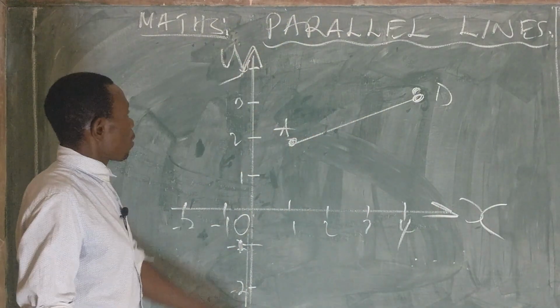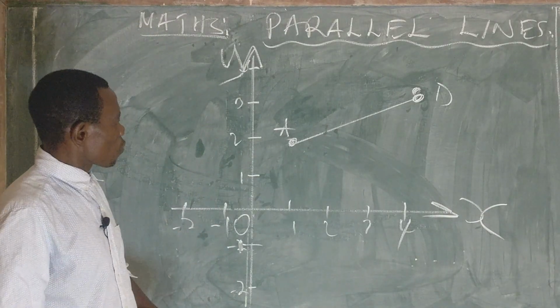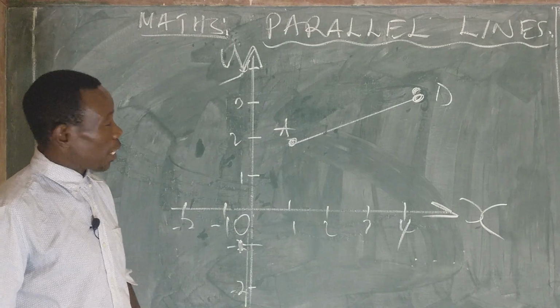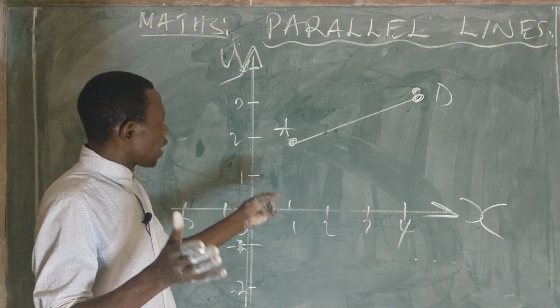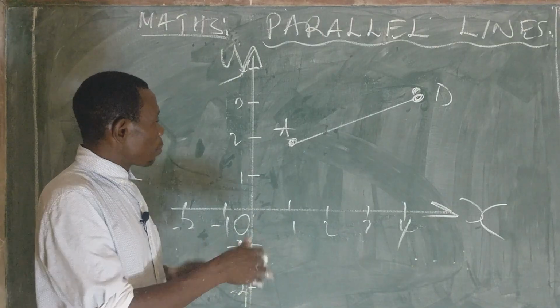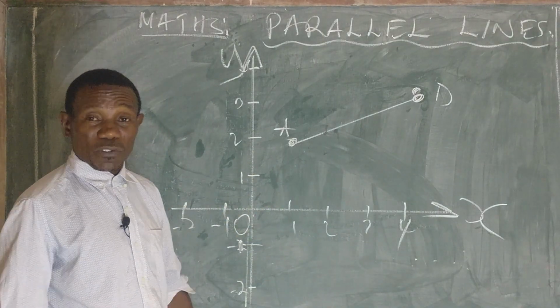So it is about parallel lines, but objectively, the target is to work on the equations of lines which are known as parallel. You have one line and you know its equation. What about the other line, which is parallel to it? They may be asking you to work out the equation of that other line.